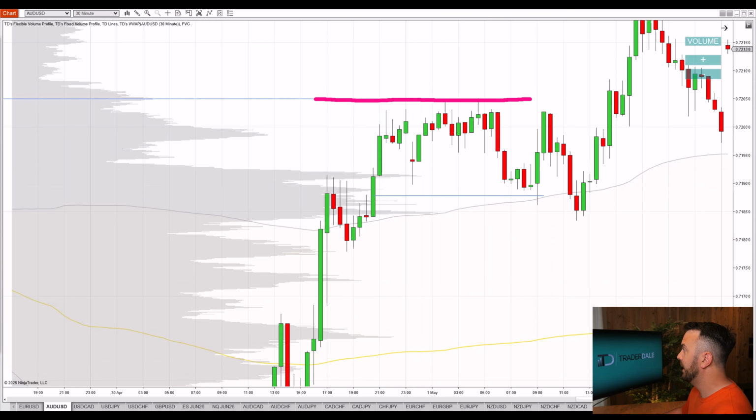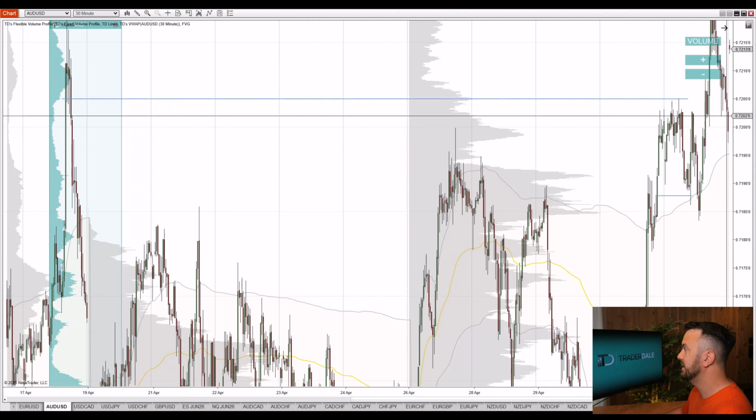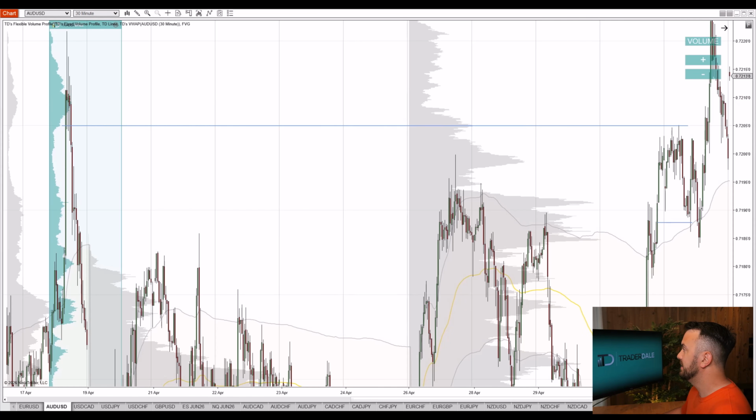The reasoning behind this short was a volume profile setup. Let me just zoom out a bit so you can see what this level was based on. It was based on this heavy volume cluster which formed on the Australian dollar in this sharp rejection of higher prices.